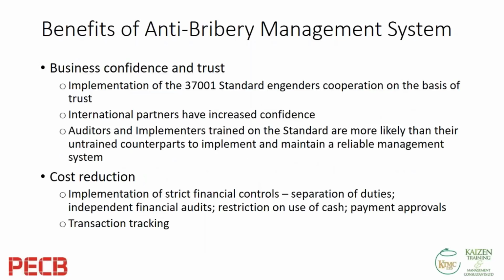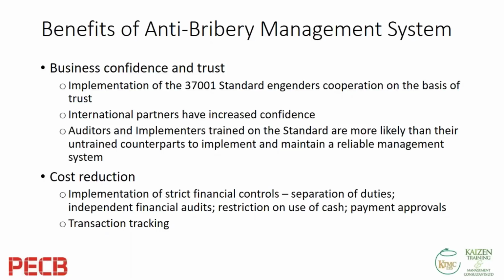Business confidence and trust. Implementation of the 37001 standard engenders cooperation on the basis of trust, and this is absolutely essential. The 37001 standard will facilitate and enable customers, consumers, regulators, and others, all stakeholders, to have confidence.